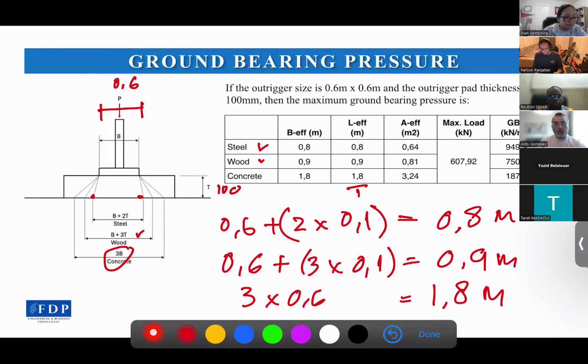So that's how to choose the size of the bearing pad we will use. If it's steel, the effective width is 0.8 meters, so we choose the bearing pad width as 0.8.